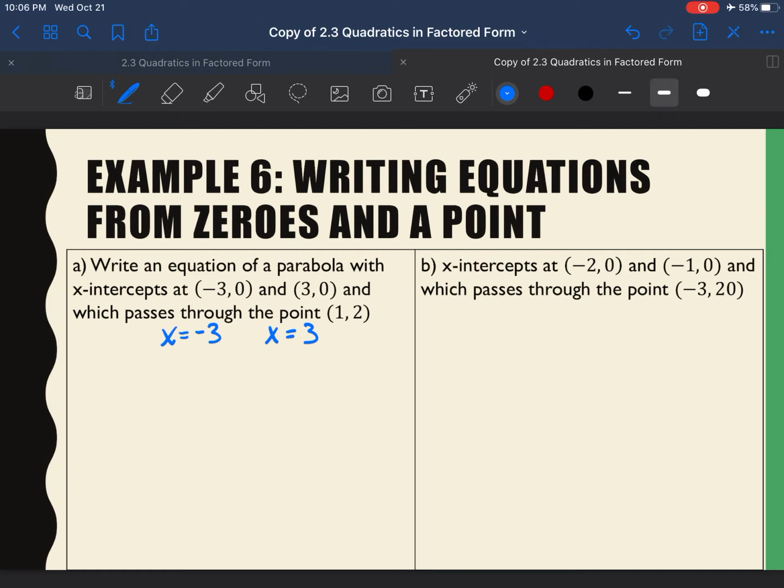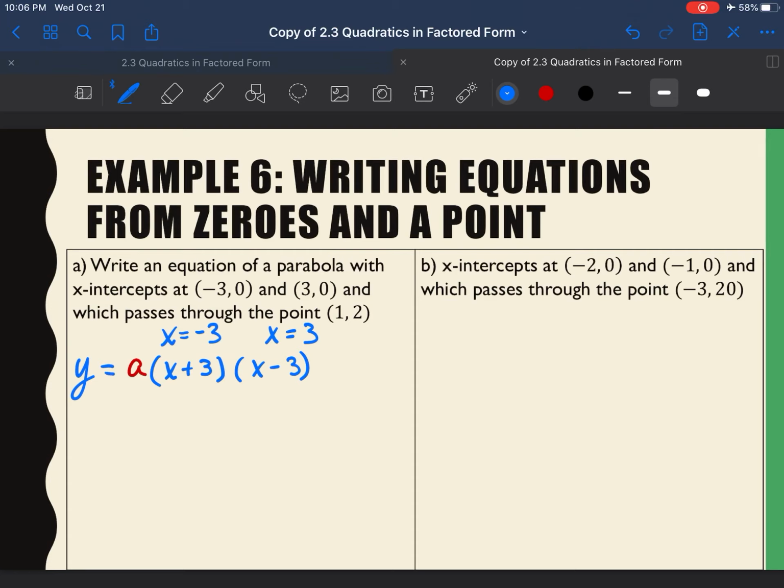Repeat the same process just like we just did on the last problem. So you'll just change the sign so you get x plus 3. And on the other one, change the sign, you get x minus 3. Now, we do not know whether this problem has a stretch or compression, right? So that means there is some multiplier, we'll call that a, that's in front of those x-intercepts.